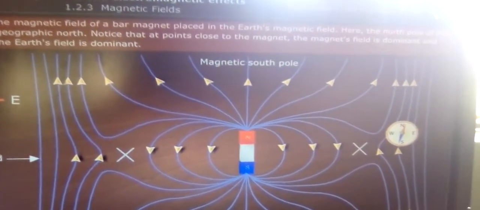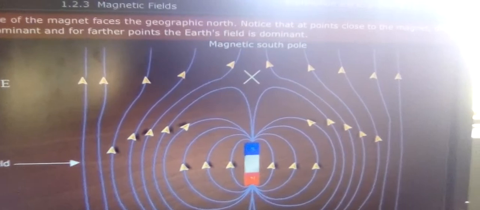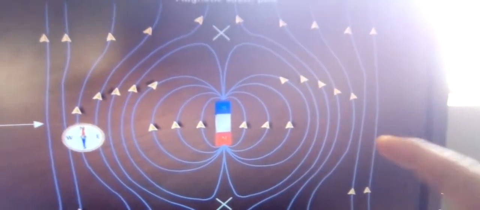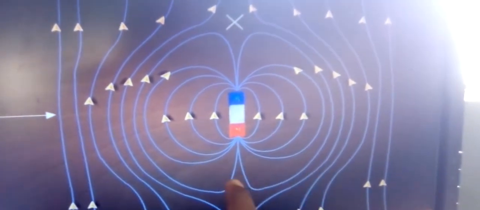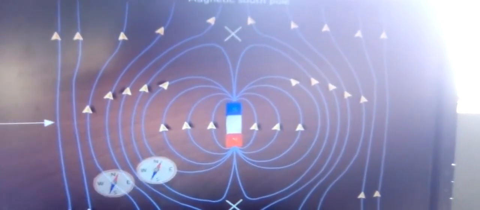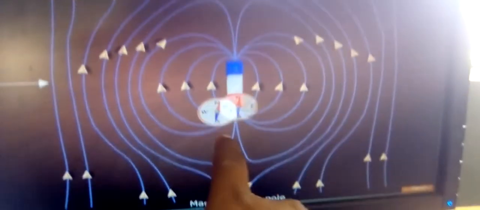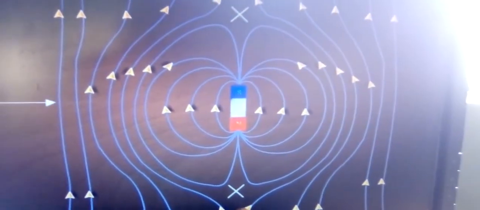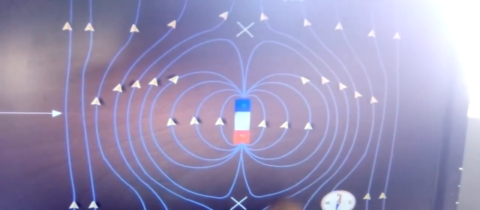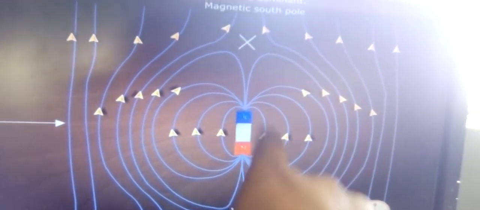When you have the north end pointing downwards like this, the shape differs from the other one. Remember now, this north is going to be repelled by the north of the Earth. So the fields that run from the north will not enter here, but they will come and enter up here on the south.